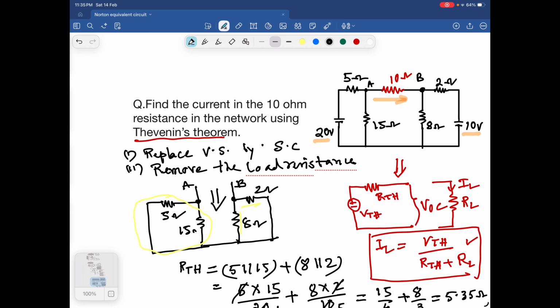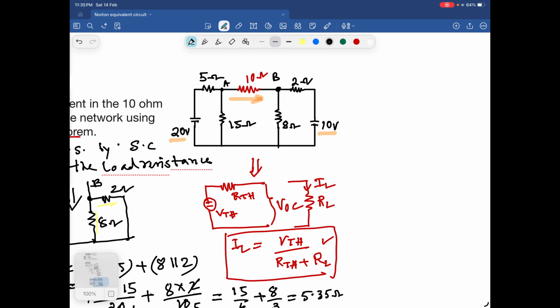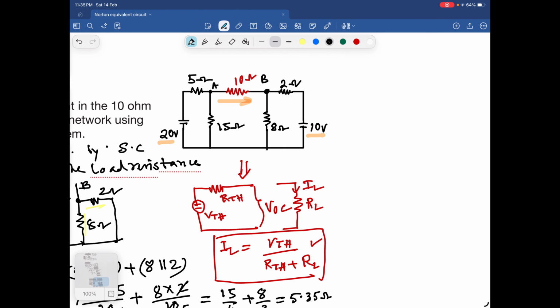So here we will use nodal analysis. In many ways you can solve a network problem. Individually you can find out the currents, then find out the voltage.